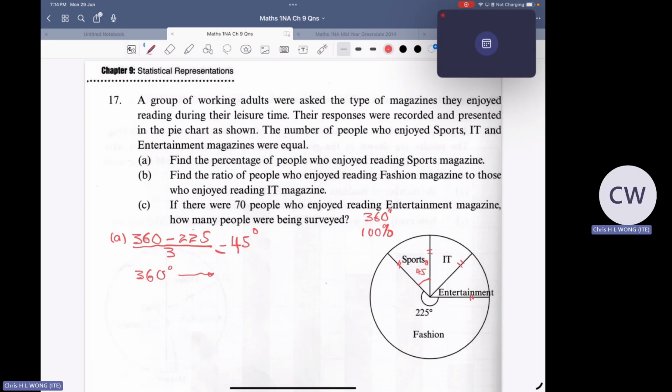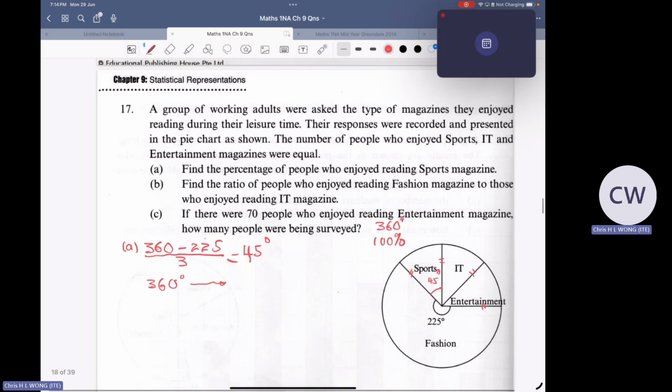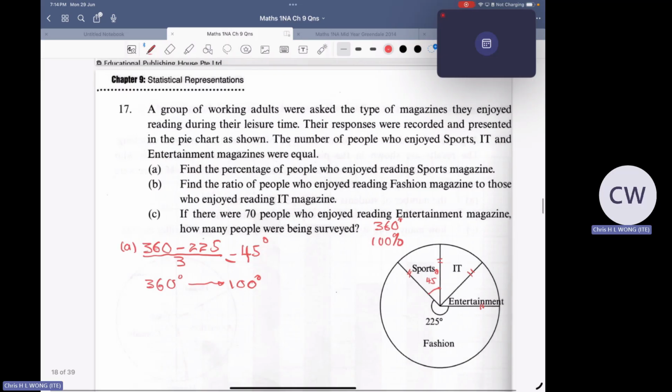But now you give me a degree, so I must convert it into percentage. 360 degree will give me 100%. What we want to find is how many percent 45 degree is. Like I said, I always find 1 first. 1 degree is equal to 100 divided by 360, but I will skip that part.